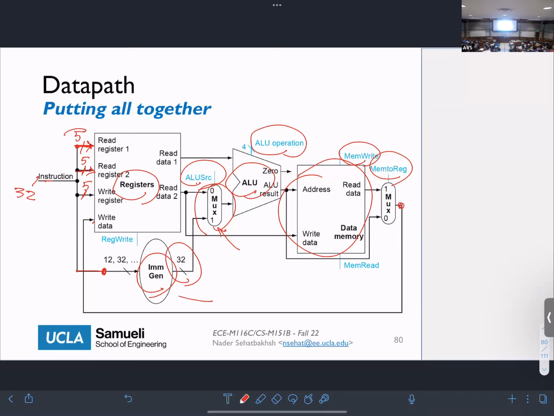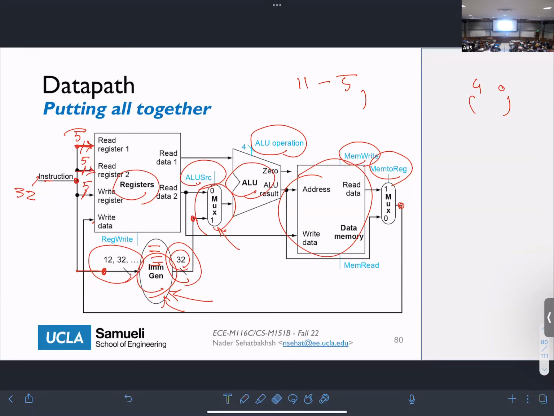This is the part where we get a variable-size immediate coming from the instructions, and here we do all the wiring. If you remember, some of the instructions have bits 0 to 4 here, and then 5 to 11 somewhere else. This immediate generator is the block that takes care of this for us, and the output of this would be a 32-bit value that comes from here, okay?